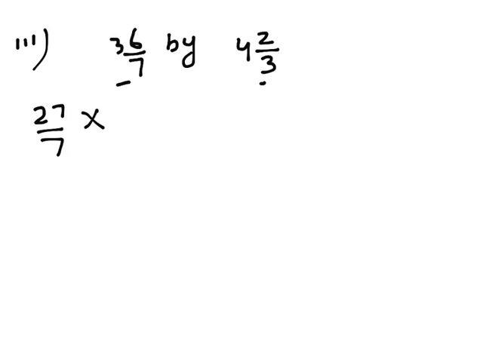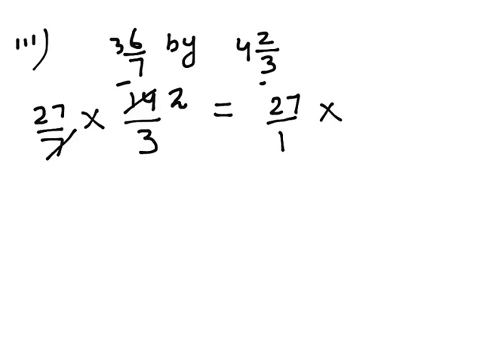Then we have to multiply by 14 by 3. So here clearly we can divide 14 by 7. 7 times 2 is 14. Now we will multiply numerator with numerator. So what we have left over here is 27 by 1, and we have to multiply it with 2 by 3. So 27 times 2 will give us 54 and denominator 3.